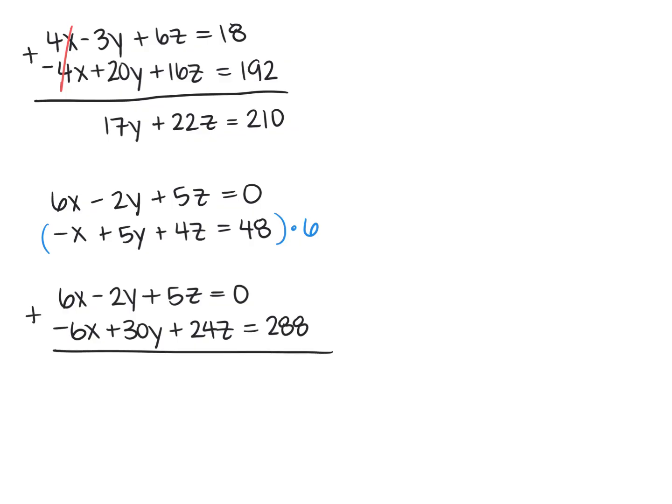Add the equations together. The x's will cancel. We get 28y plus 29z equals 288. So now I have a system of equations with just y and z. And this is going to be the system that we solve in step 2.